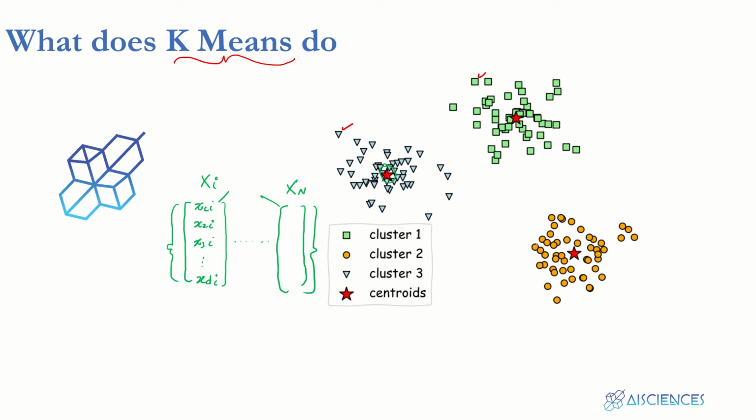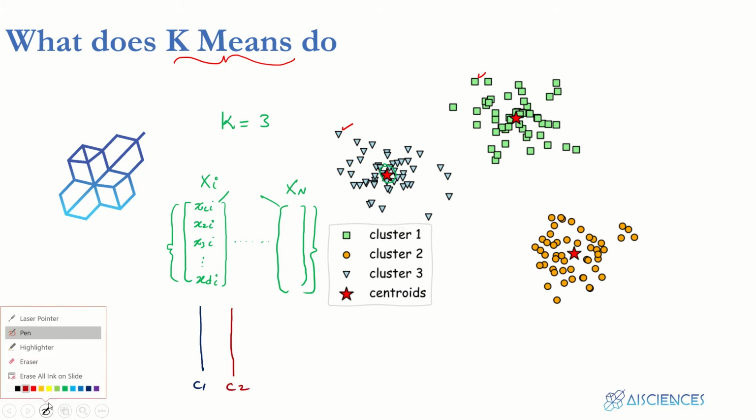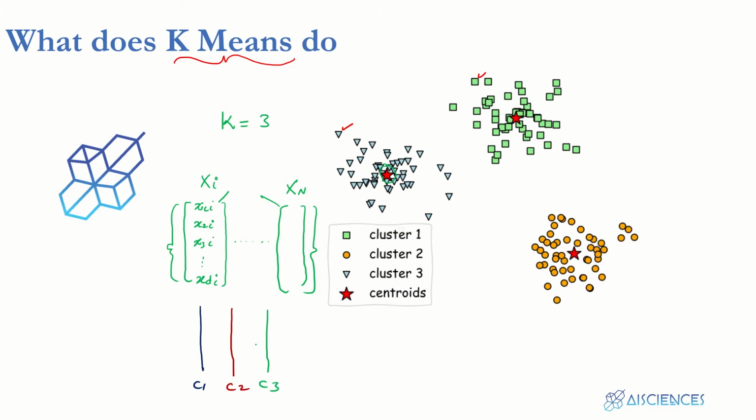For example, if we set k equal to 3, the result will be 3 centroids. Let me draw them in different colors. Centroid 1, then another centroid, centroid 2, and then maybe in green color, centroid 3. So these are the centroids.